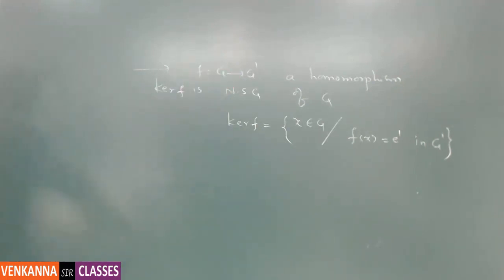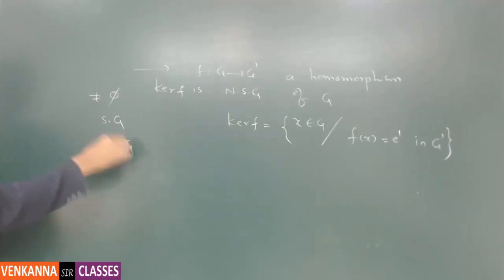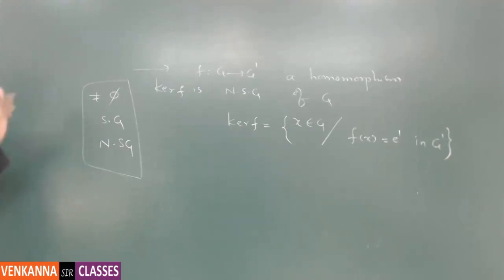We have to prove that kernel f is a non-empty set first. Then we have to prove that it is a subgroup. Then we have to prove that it is a normal subgroup. This is the hierarchy we need to show as far as the solution is concerned. Now, can you say, is kernel f always a non-empty set?